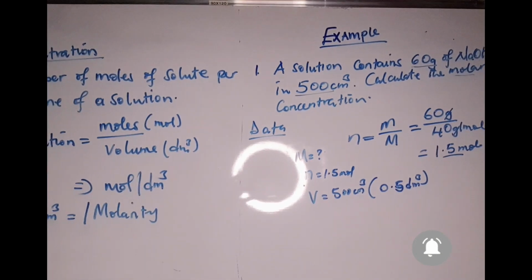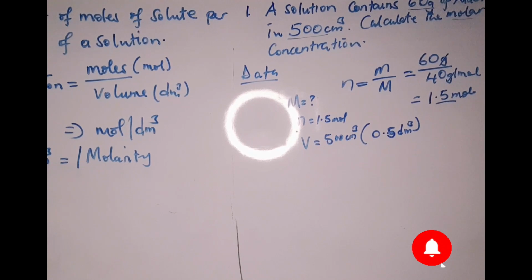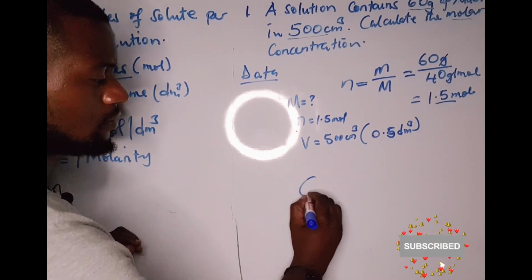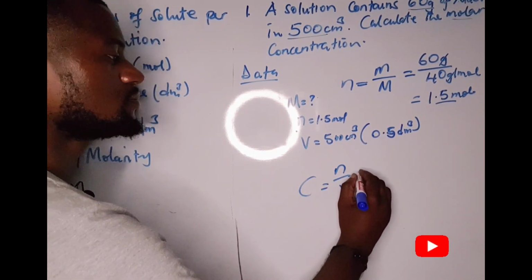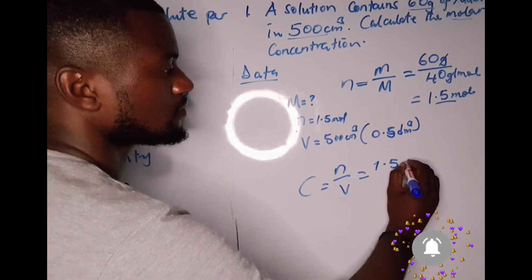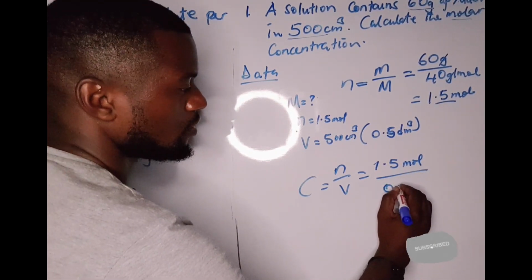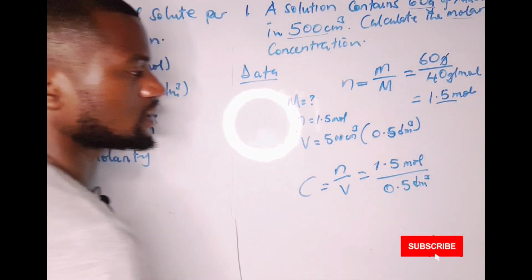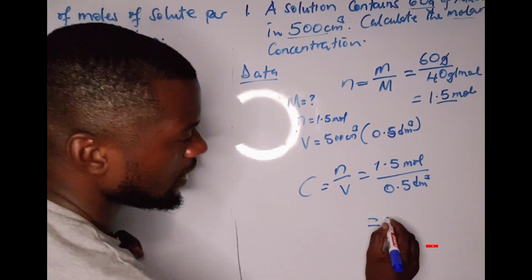Now we can calculate: concentration is equal to number of moles divided by volume, so 1.5 moles divided by 0.5 cubic decimeters.